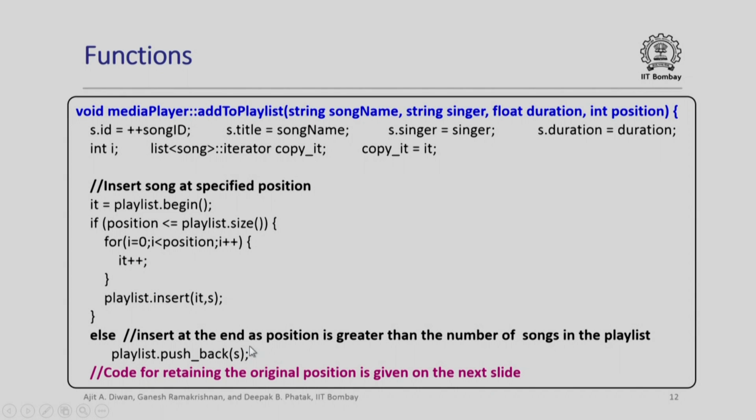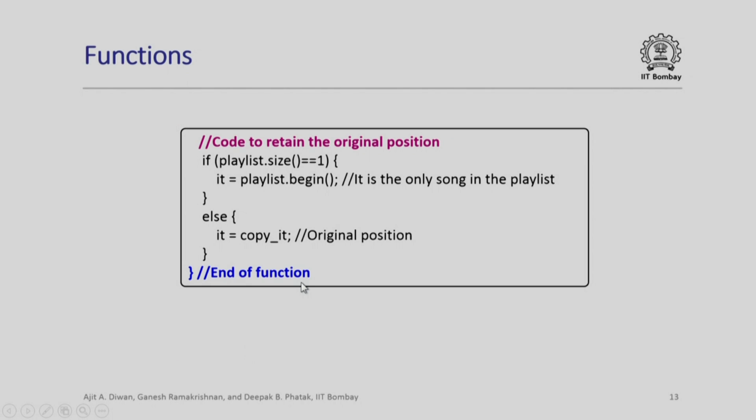We have already seen this functionality earlier. To retain the original position, if playlist dot size is 1, that means the IT is set at the beginning of the playlist, because that is the only song in the playlist. If that is not so, then we use the copy IT and restore it to the original position.